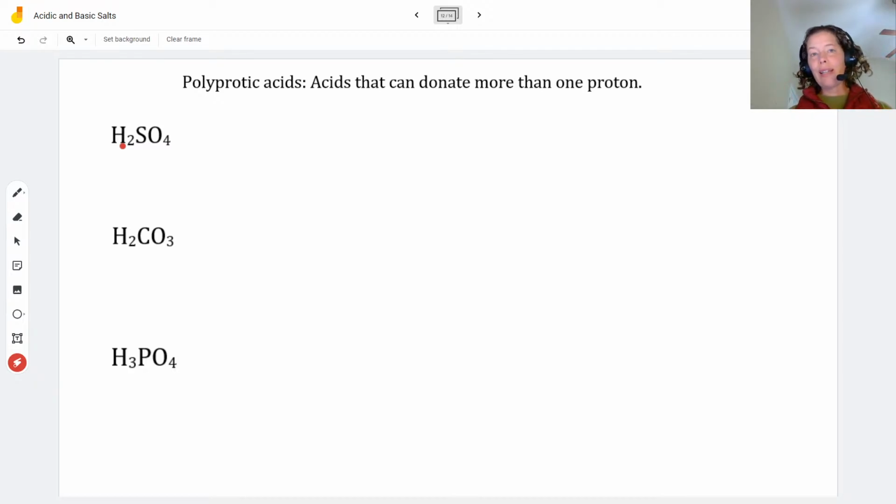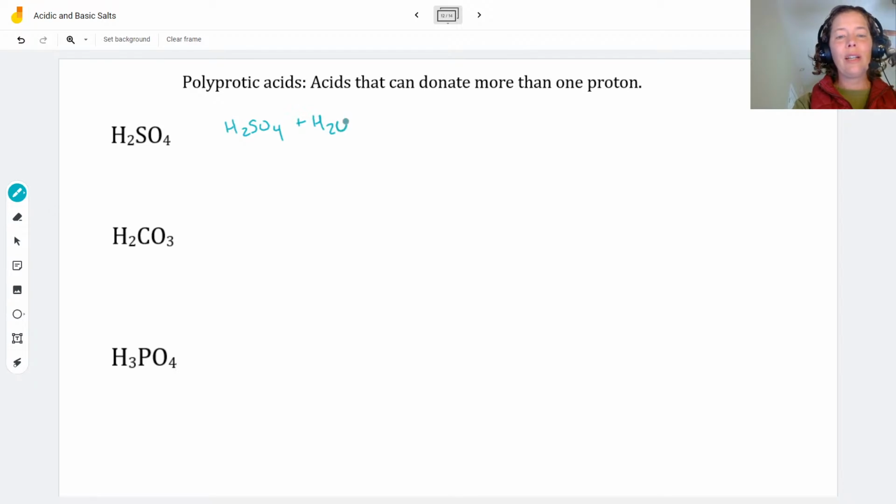So let's write the balanced chemical equations for this stepwise donation of these protons. Okay, so the first proton, again, we're always in aqueous solution, so plus water here. We are going to get HSO4 minus, and we are going to get the hydronium cation.